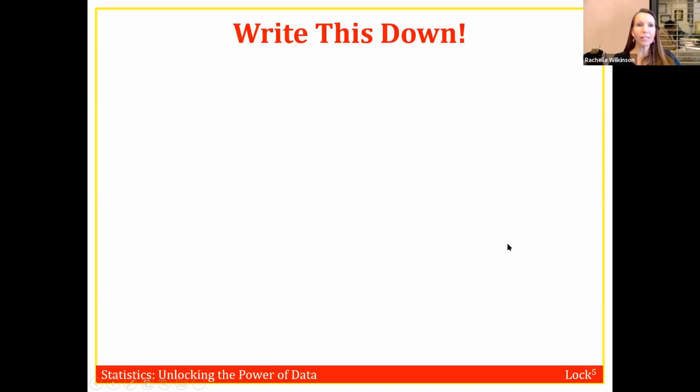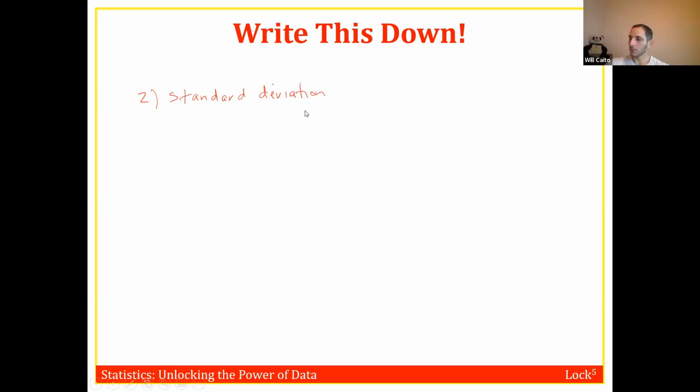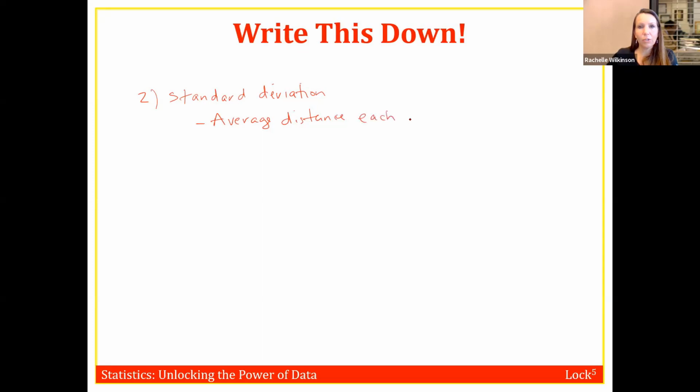Okay, so let's talk about our second measure of spread, which is going to be the standard deviation. The standard deviation is the average distance each point is from the mean. If you have a big number for standard deviation, that means the points are more spread out.